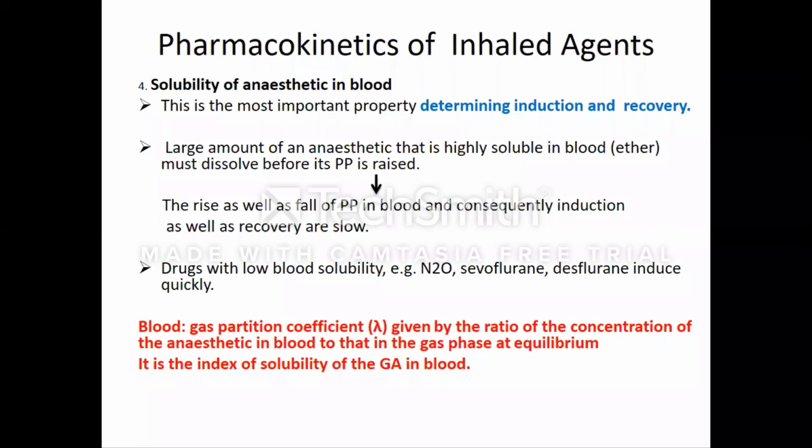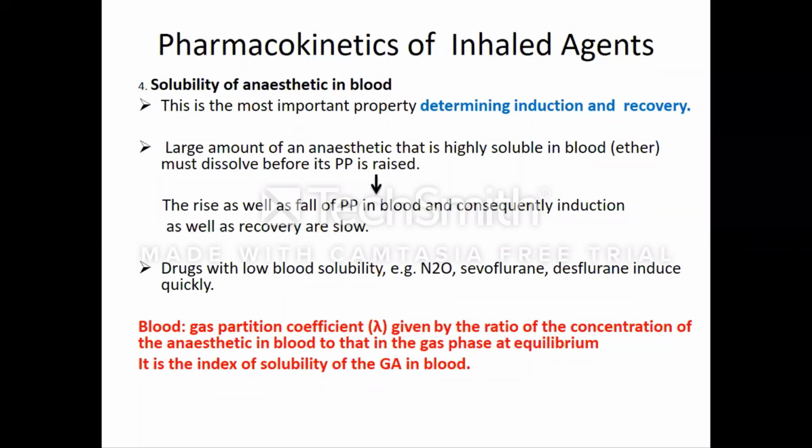So it has to first dissolve, and then there will be a rise in the partial pressure of the gas, and during the recovery the fall in the partial pressure in the blood is also very slow, and therefore its induction as well as the recovery is going to be slow.